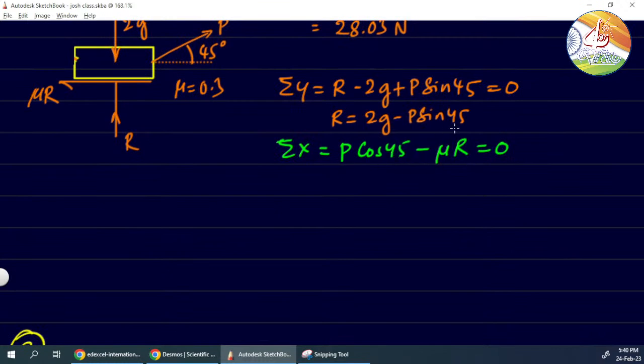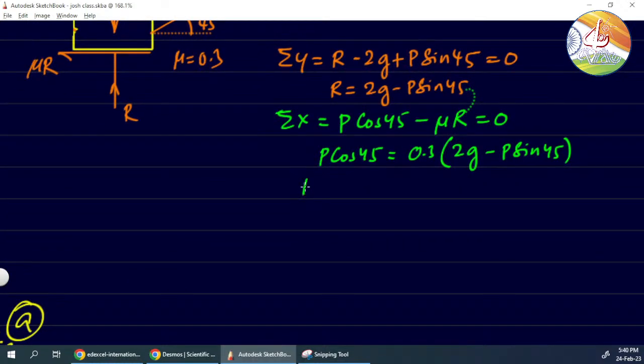So let us substitute the value of R here. We get P cos 45 equals mu, which is 0.3, times R, and R is 2g minus P sin 45. Once again, take all the P terms on one side.